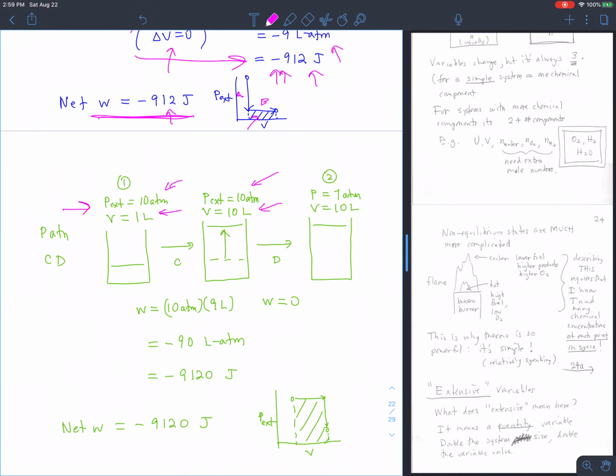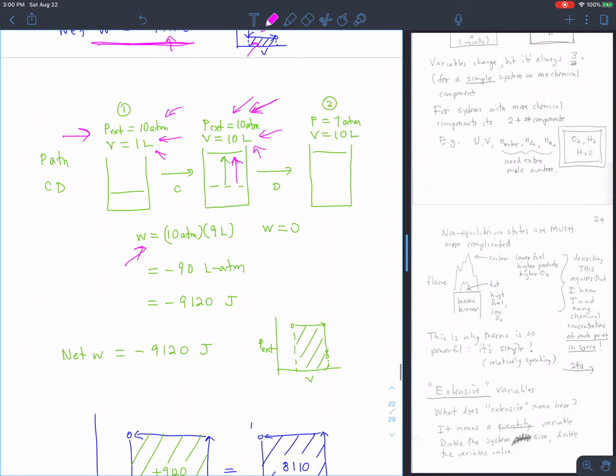So in this case, somehow, even at this 10 atmosphere pressure, the pressure inside is apparently high enough to allow the piston to move anyway. I haven't said what the pressure inside is, but it goes from 1 liter to 10 liters. So it's the same volume change as before, but now under a higher pressure. And there's work for that because both the pressure is not 0 and the volume change is not 0.